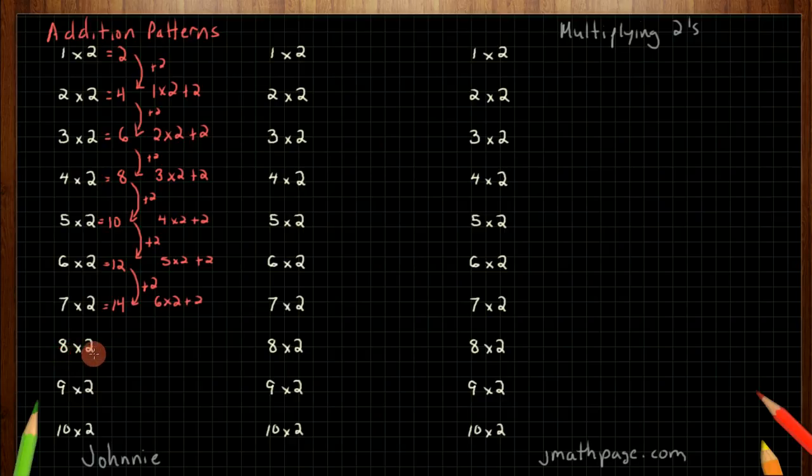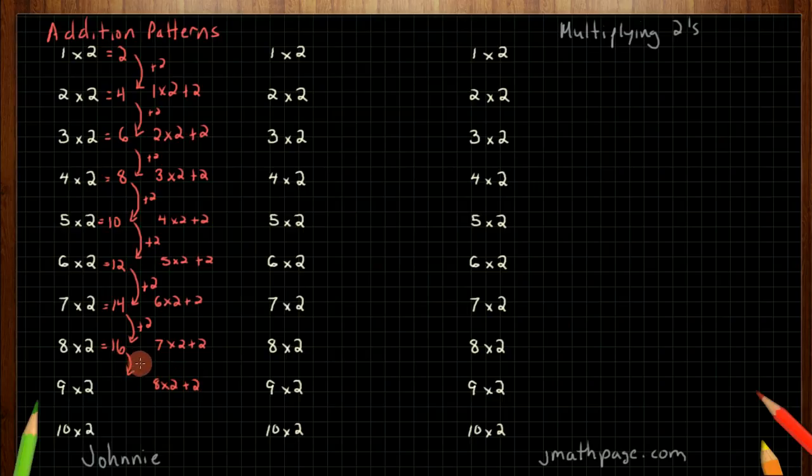8 times 2 is 7 times 2 and 2 more, right? So 7 times 2 gave us 14, but we know we need to have 2 more. 14 and 2 more will give us 16. 9 times 2. If I don't know what 9 times 2 is, I know that 8 times 2 gives us 16. So I can think of 9 times 2 as 8 times 2 and 2 more.